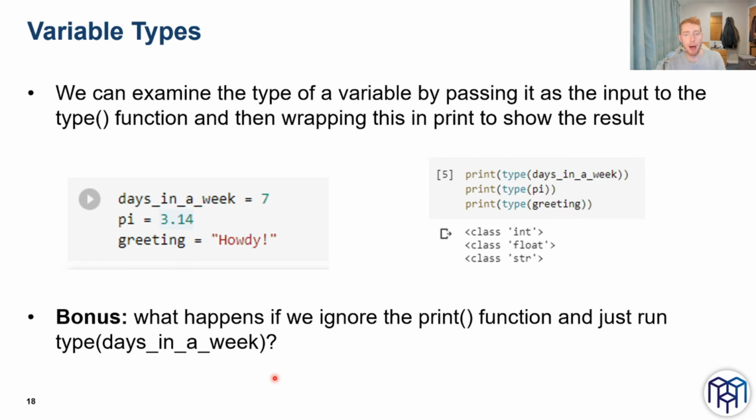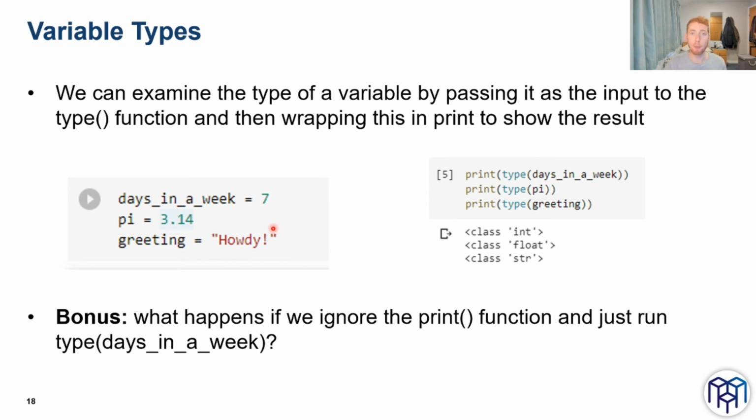So we might want to examine what type of variable Python thinks a certain variable is by passing it as the input to the type function. And then we can wrap that in the print function to print out what the type is. The reason why we want to do this is that Python guesses the types of variables.